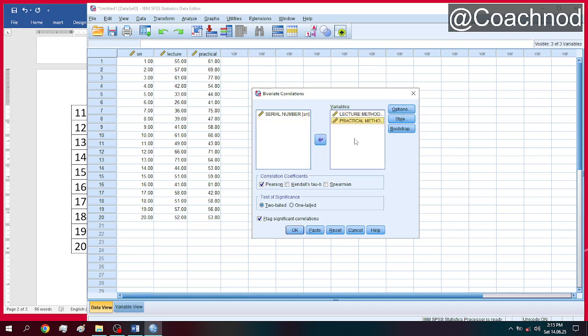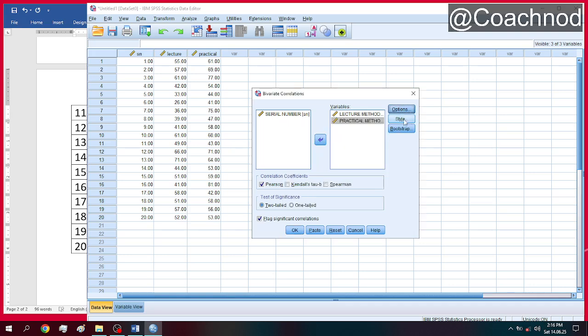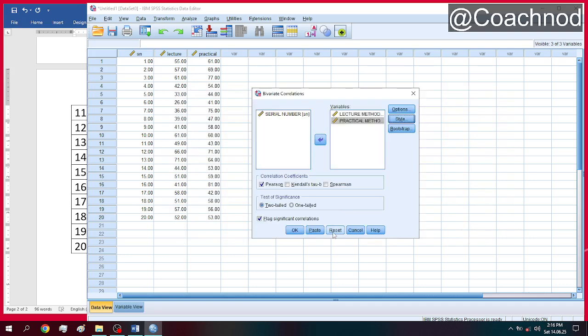So let's check the options. Okay, we need mean and standard deviation. Fine. Let's click on it. Cross-product deviations and covariance, we don't need it. Just click OK. Click on this, mean and standard deviation. Okay. Continue. Style, you don't need this one. Good spread, you don't need it.